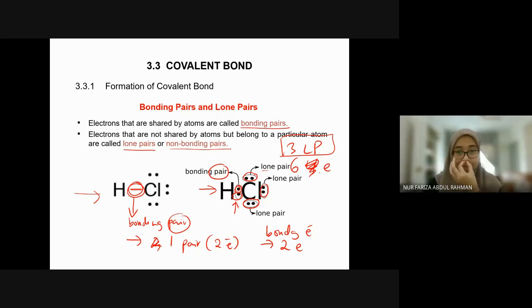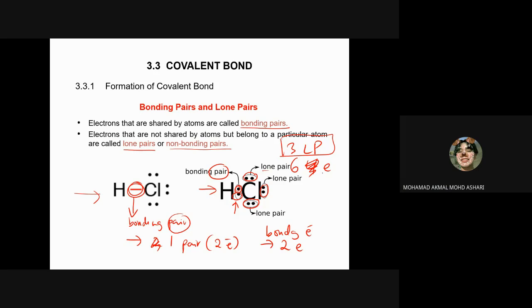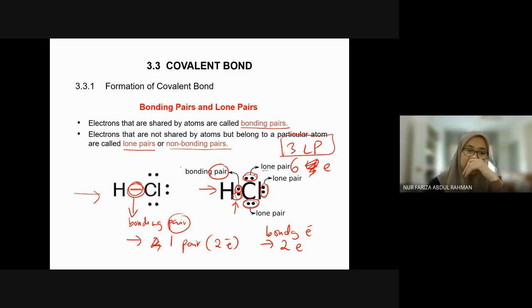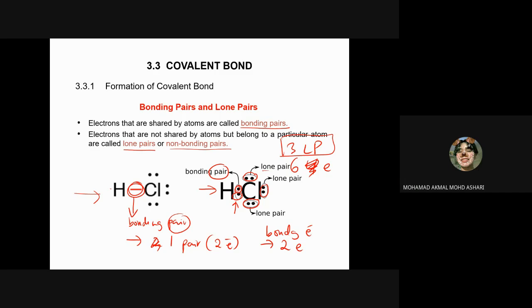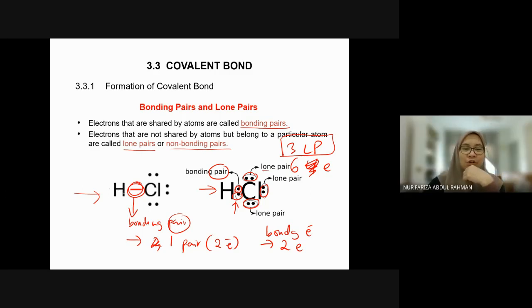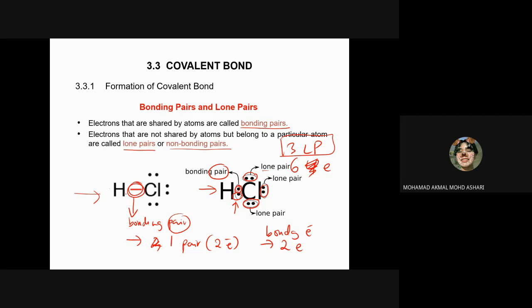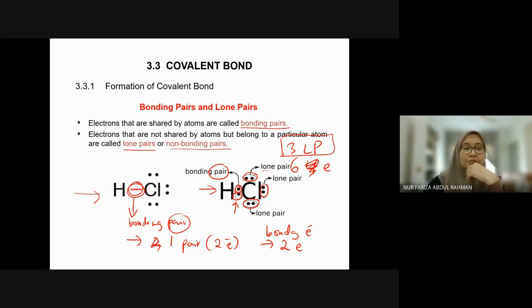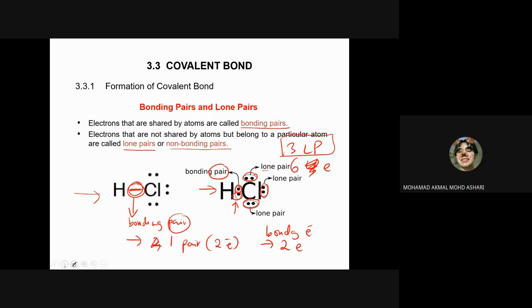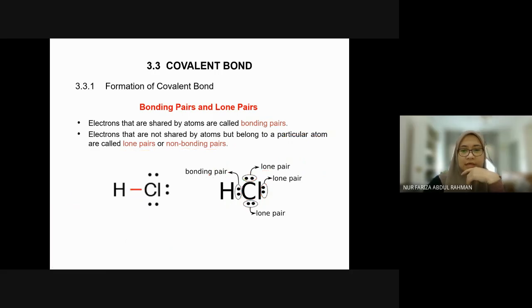Why for the H on the left, for the Lewis dot symbol, didn't you put the dot there? Hydrogen only has 1 electron. Oh, so there's no need to put it. You may use this line, or you may use the Lewis dot symbol. This one is hydrogen's, and this one belongs to Cl.